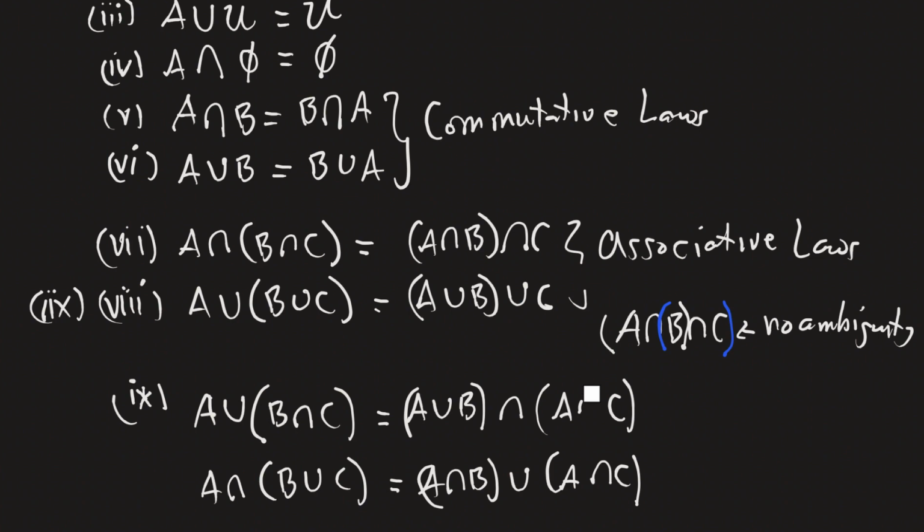This should be a union because it's A. I think I said union but wrote the intersection, right? Okay, so these are our distributive laws for our set operations, all right? So yeah, those are some pretty useful properties.